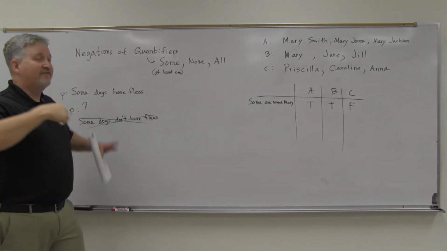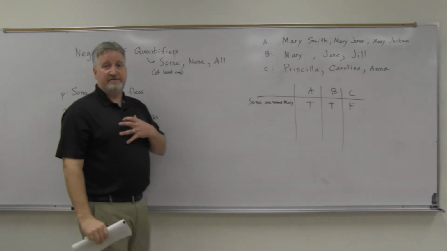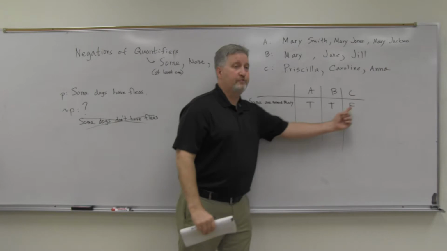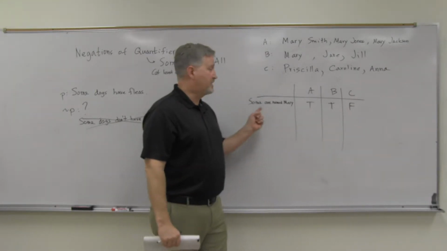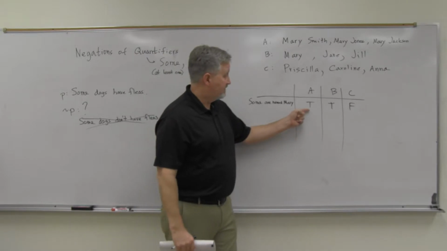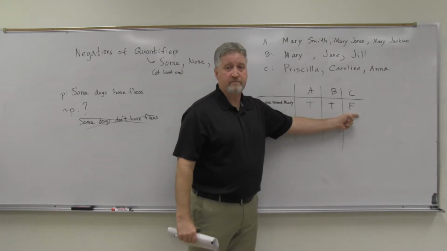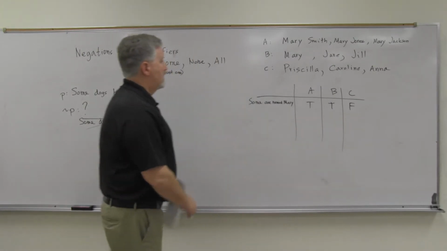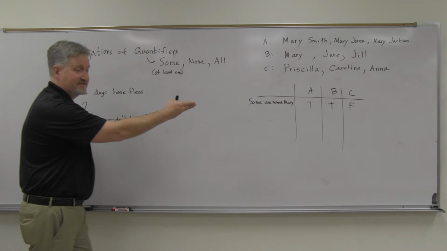So, looking for the negation of this statement, the negation has to be opposite in all situations. So if I'm going to have a negation of this statement, what's it got to be? False, false, true, right? With me? Yes. Well, we said this one was a negation. Let's verify it for this situation.